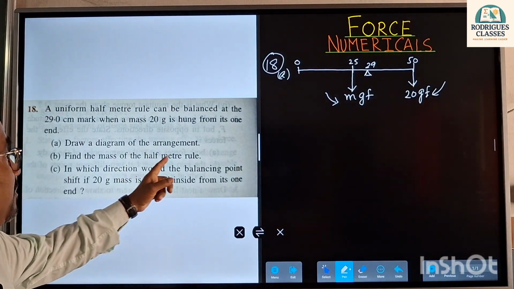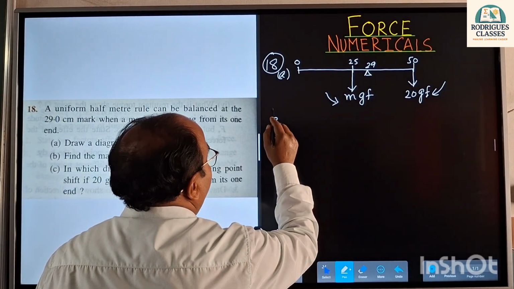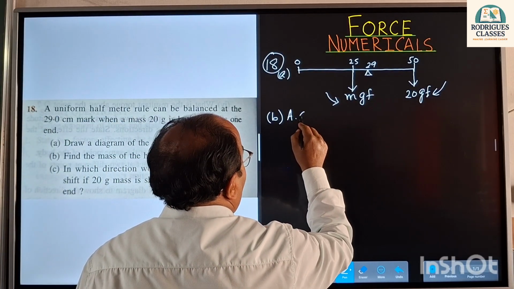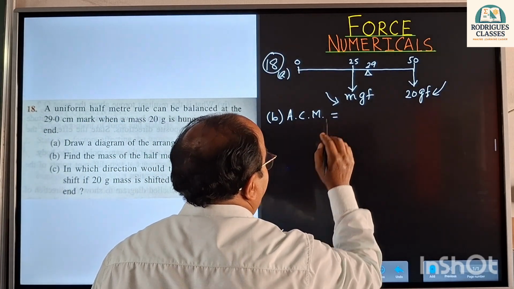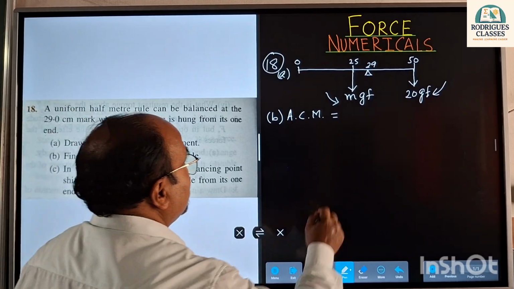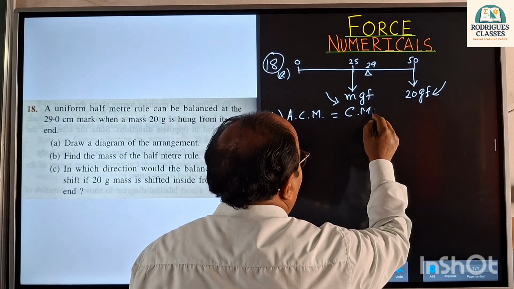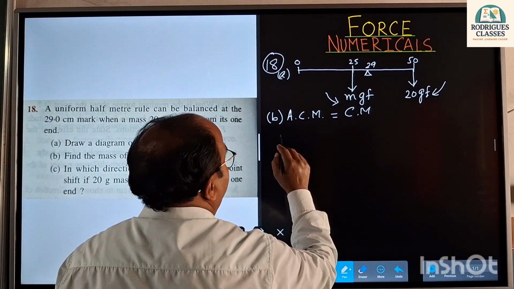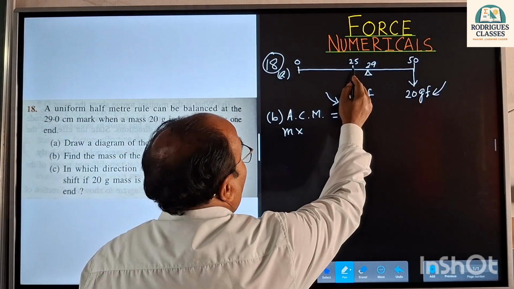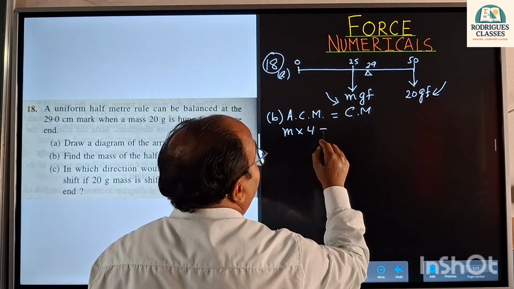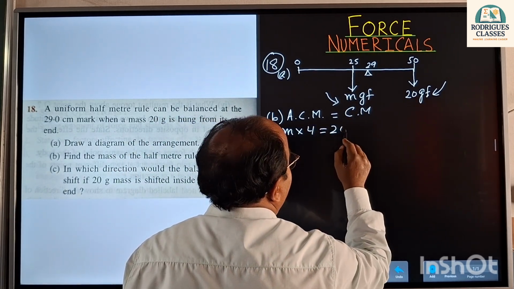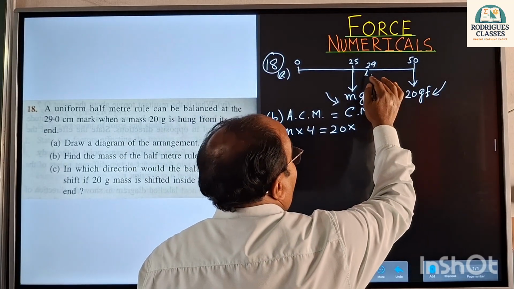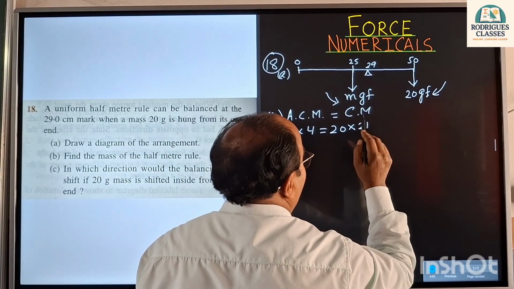Now B part, find the mass of the half meter rule. We will go the same way. Anti-clockwise moment, I have written it in short, is equal to clockwise moment. Now the anti-clockwise moment is m into 25 to 29, which becomes 4, equals the weight here, 20, into the distance from 29 to 50, so the length will come as 21.